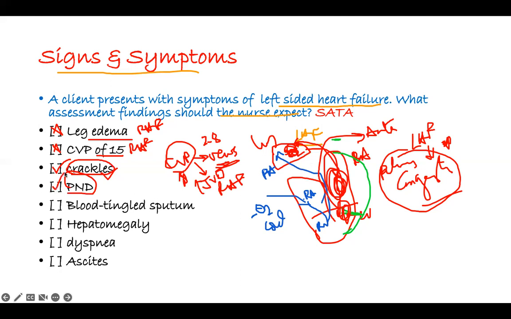So that's right. Blood-tinged sputum. Watch for these buzzwords. Your NCLEX examiners like that because it's a tricky word. They don't want to give it away, but what this means is pulmonary edema. Your lung is full of fluid.